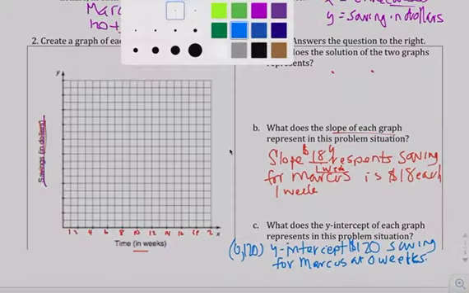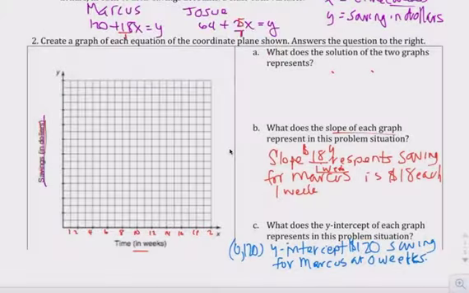The only way you can graph this is you pick points. Pick points for both Josue and Marcus. Alrighty. So we know these lines will intersect somewhere because the slopes, the rates of change, are different.